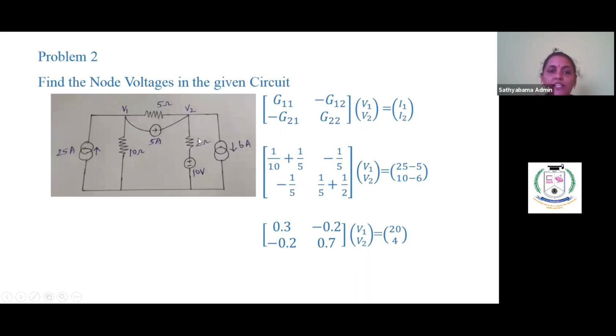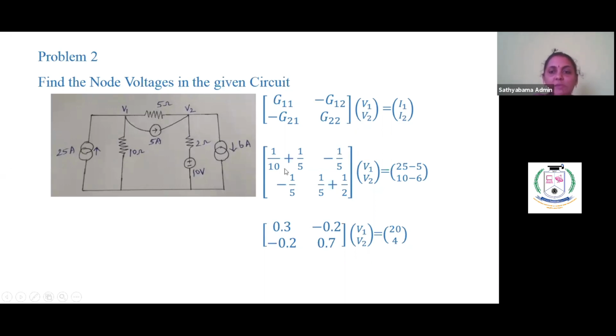Now convert it into current first. This is going to be 10 by 2. Voltage by resistance will give you the current. 10 by 2 will be 5. Here also it is incoming, so this branch gives me a 5 amps current source. So add up the incoming currents and subtract the outgoing. So 5 plus 5 will be 10, 10 minus 6.